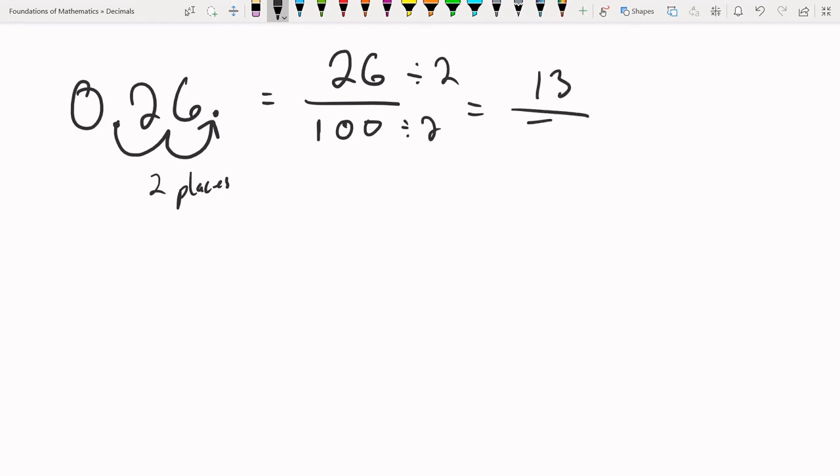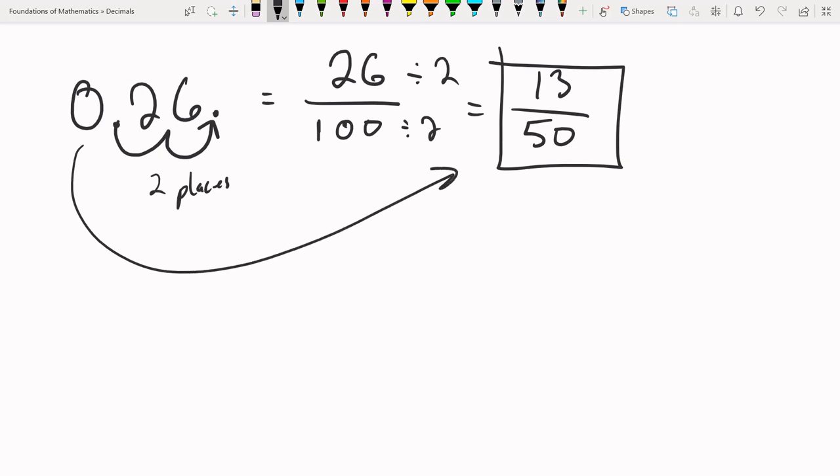That gives us 13 over 50. 50 can only be divided evenly by 10, 5, 2, 25. 25 is just 5 times 5. And then, of course, 50. 13 is prime. It can only be divided by 1 and 13. So that's completely reduced. And this is the way you would write 0.26 as a fraction. Get it over a power of 10 and then reduce the fraction.